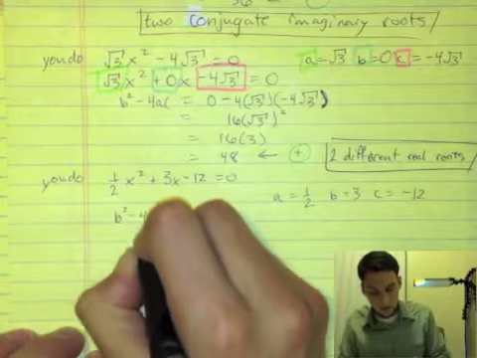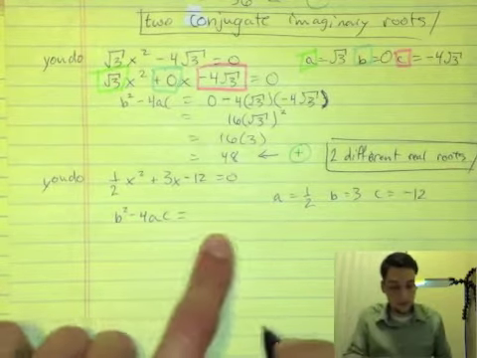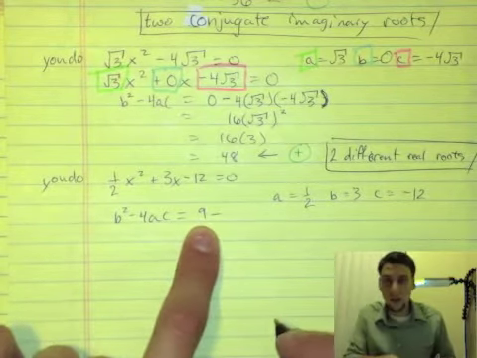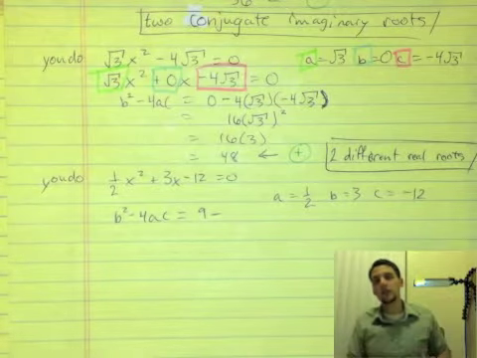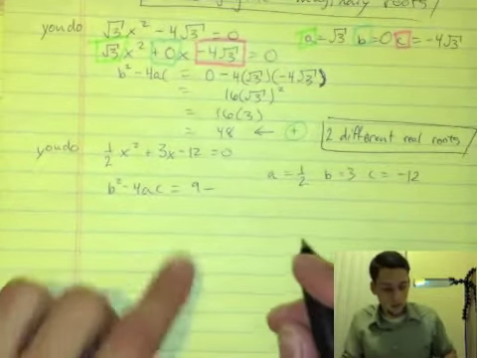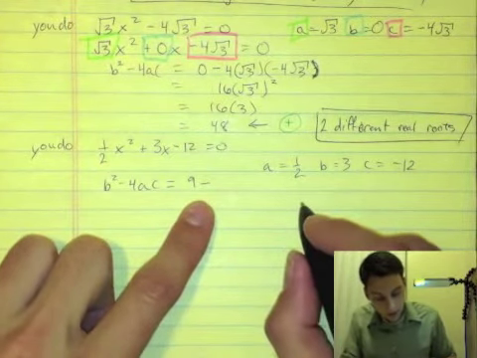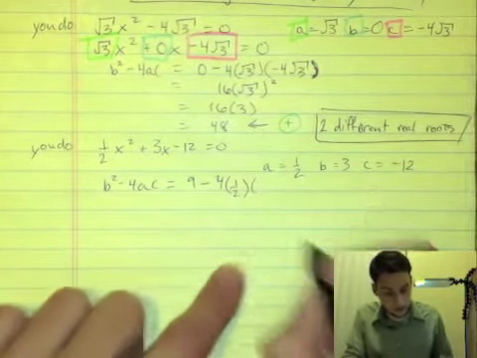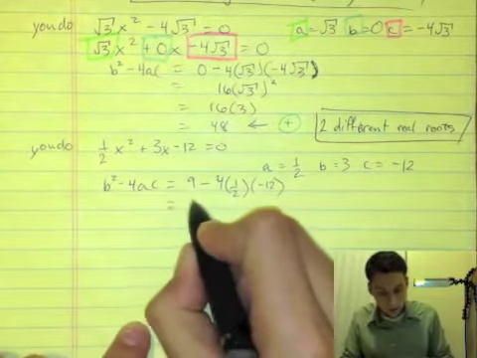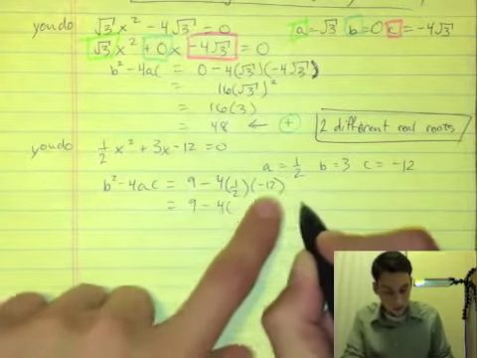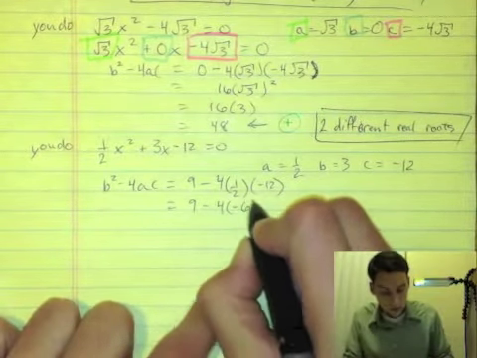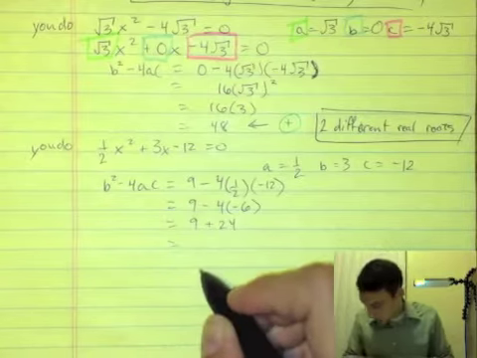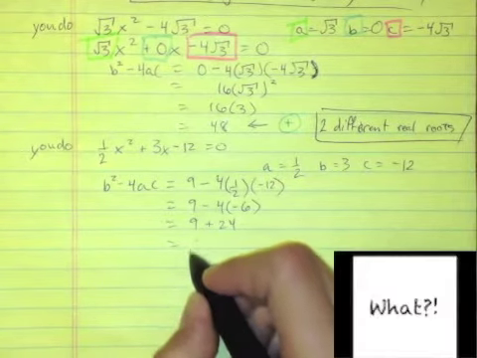So B squared minus 4AC is the discriminant, and will tell us the nature of our roots. 9 minus 4 times A, 1/2, times C, negative 12, which is 9 minus 4 times negative 6, which equals 9 plus 24.